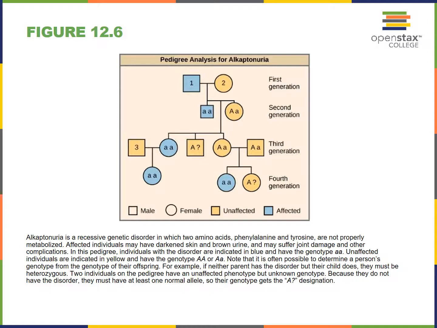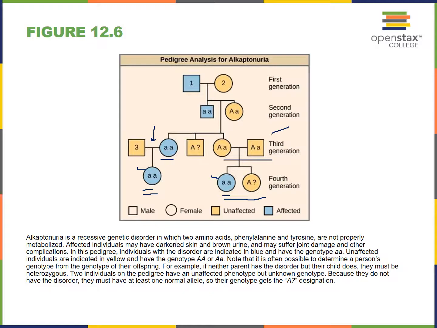So the way you do that is you start at the bottom of the pedigree. Every time you see an affected child, you look at their parents. So here from this child, one of her parents had the trait, but if you look at this child, neither of her parents had the trait.